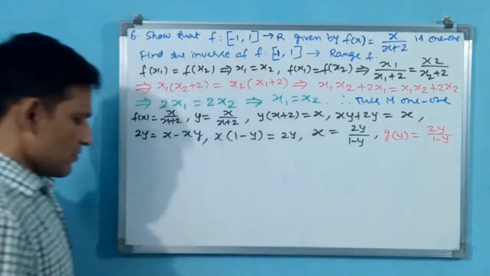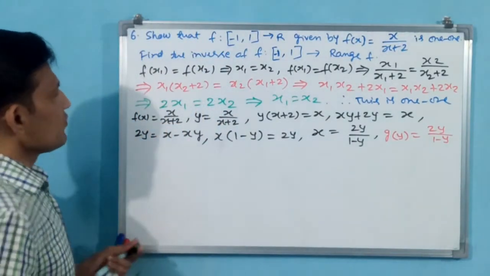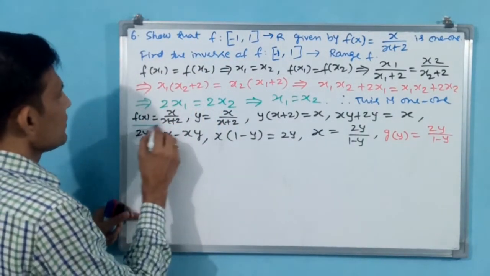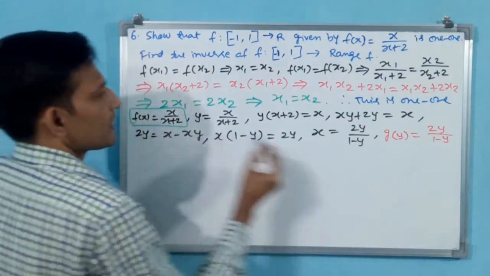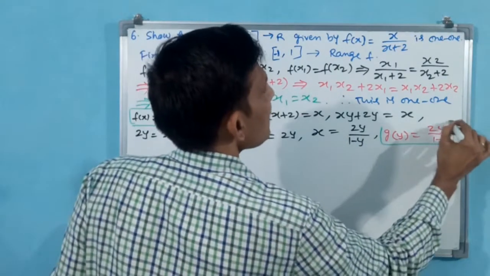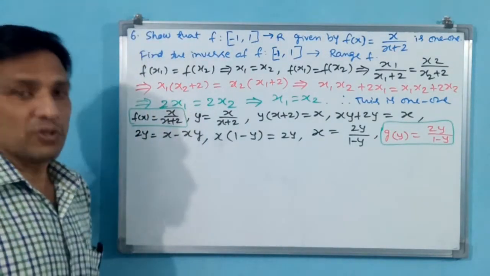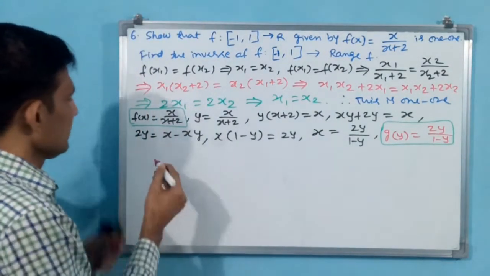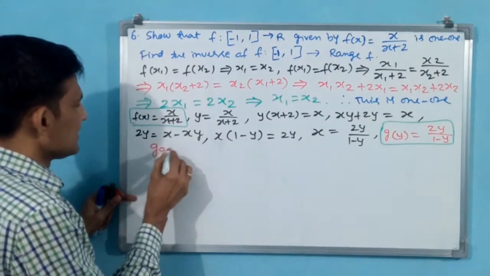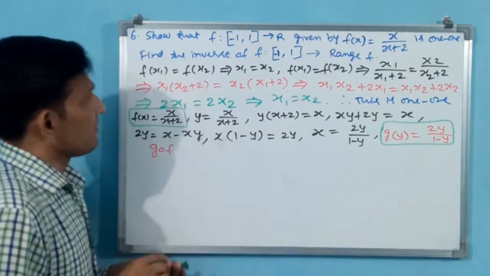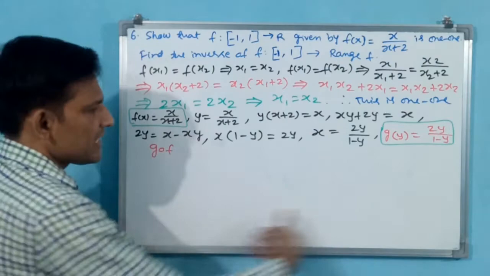Now what you are going to do? You are going to do composition of these both, f of x and g of y. Now you write fog, gof. For invertible I am not writing, because directly I am finding inverse.